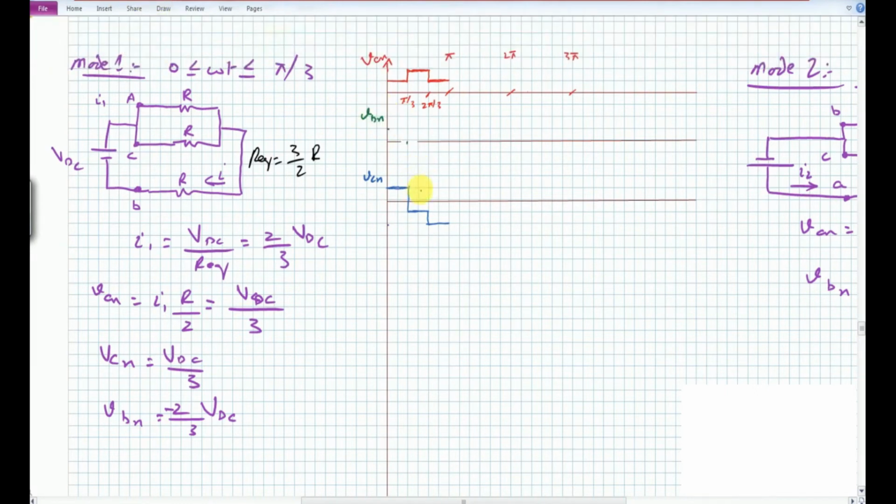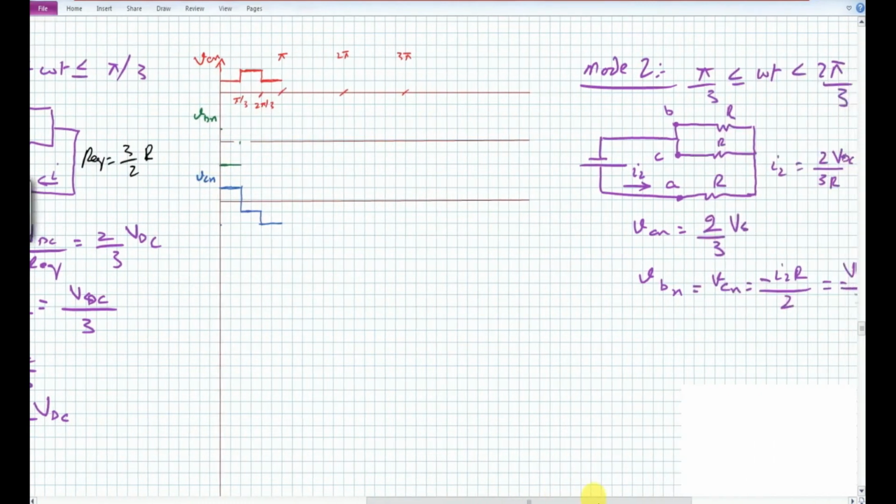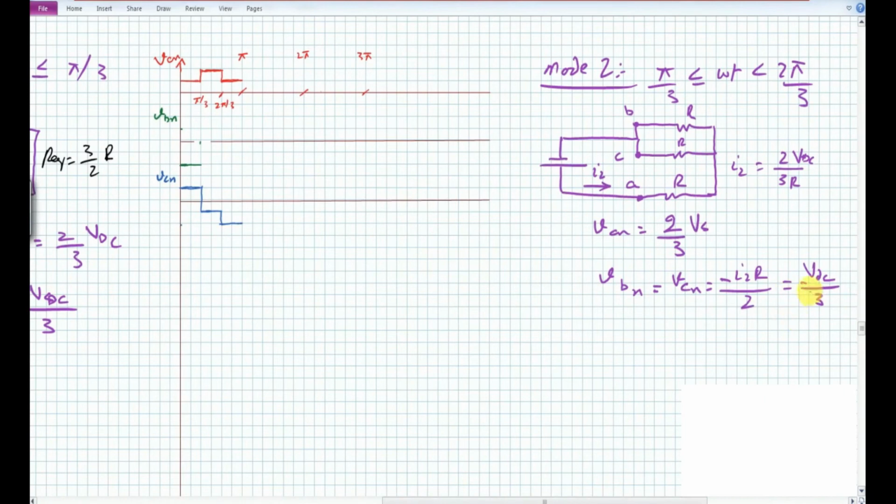So this VBN during this mode 1 was equal to minus 2 by 3 into VDC. So this is the VBN, and for this mode number 2, this VBN is equal to minus VDC by 3. So it will have a shape something like this for the second mode.